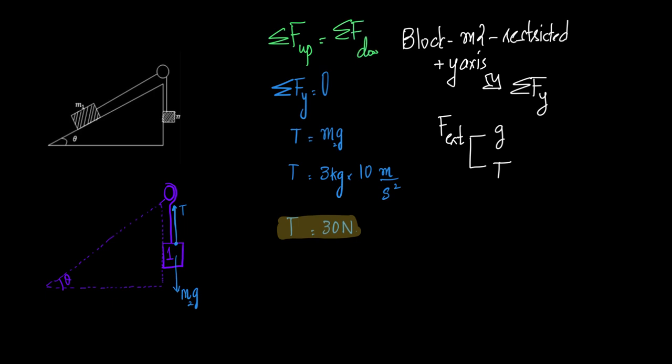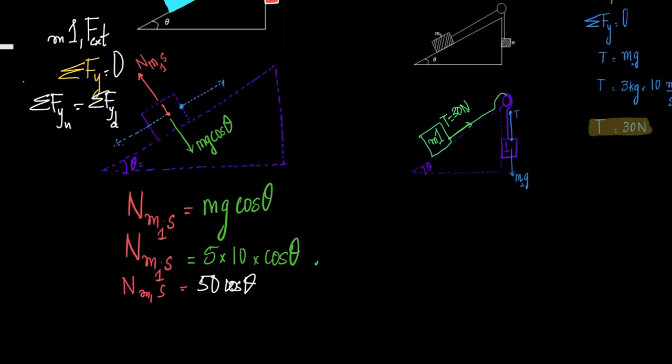The upward acting force is tension, and the downward acting force is M2g. So we have tension T is equal to 3 into 10, which is 30. So the tension in the string is 30 newtons. And this string is common across the entire system, which means M1 will also experience a tension of T equal to 30 newtons.